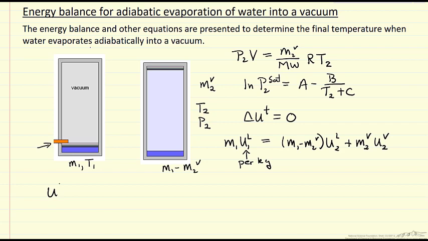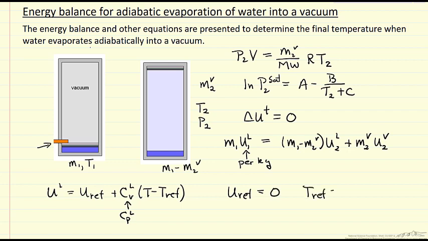We can say the internal energy of a liquid at some temperature is the internal energy at the reference temperature plus the heat capacity of the liquid times the temperature minus the reference temperature. Now keep in mind, for a liquid this is essentially the same as Cp. It's not true for a gas, but for a liquid. And we can make our life easy by saying our reference value is going to be 0 at T reference equal to T1, our starting temperature.